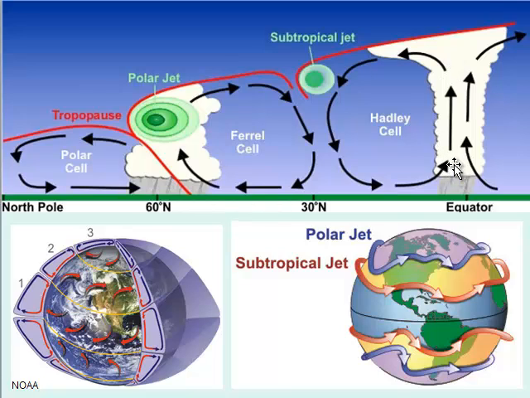So we tend to see a band of low pressure, and then we have areas where we have a band of clear skies as a result of high pressure systems.